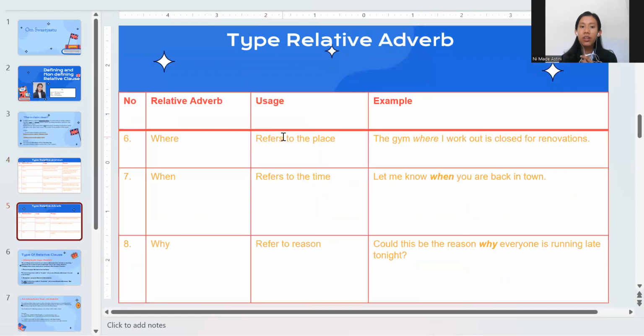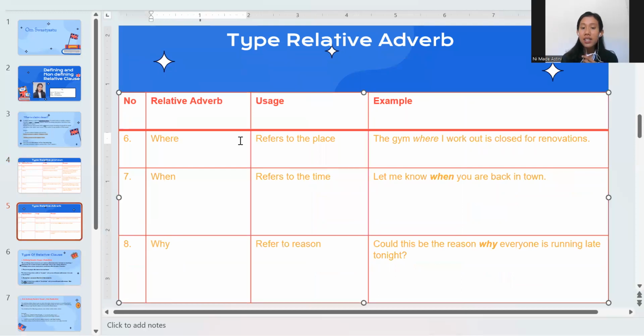The next one, other than relative pronouns, you can also use a relative adverb, which is where. Where is referred to a place. For example, the gym where I work out is closed for renovation. So where here is referred to the gym, which is the place where the writer works out.